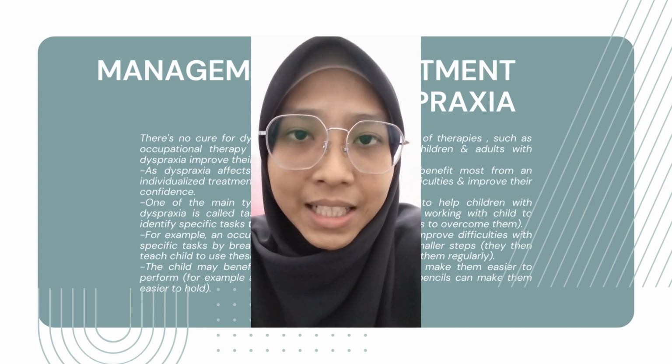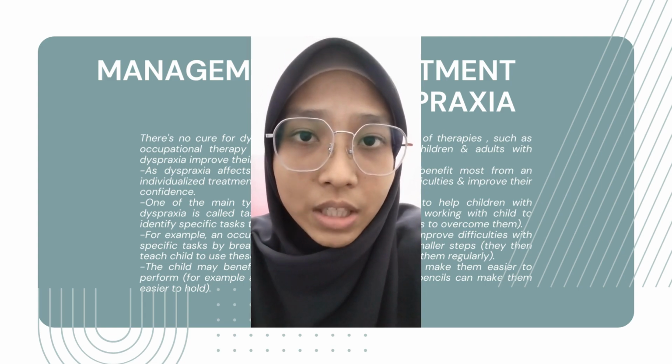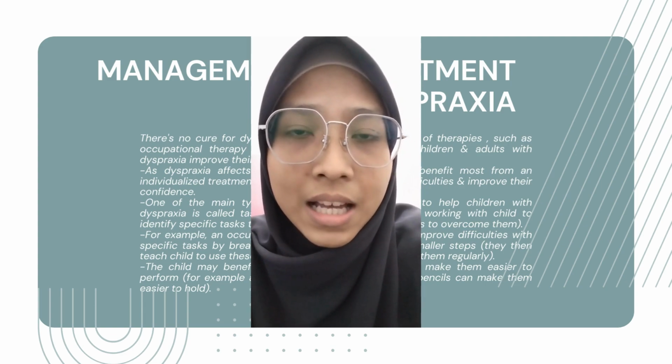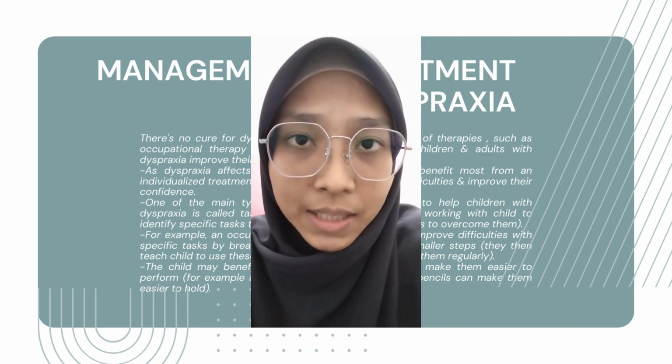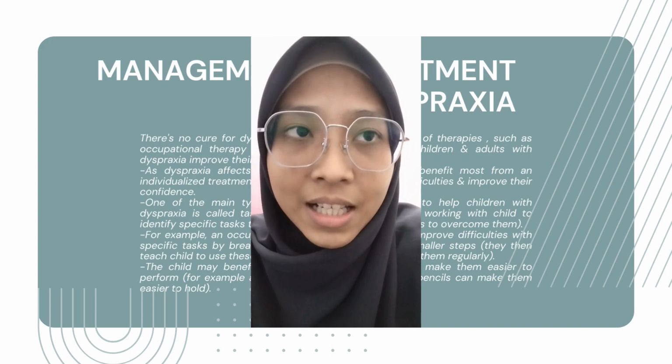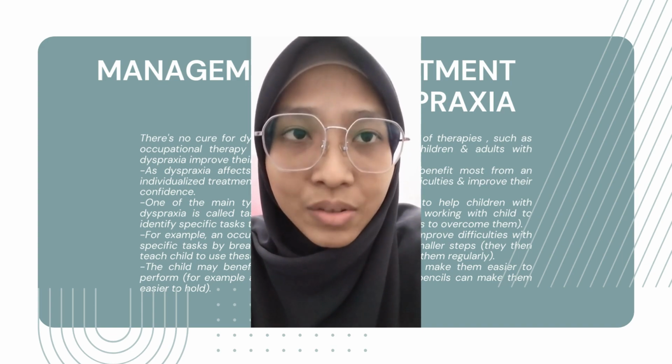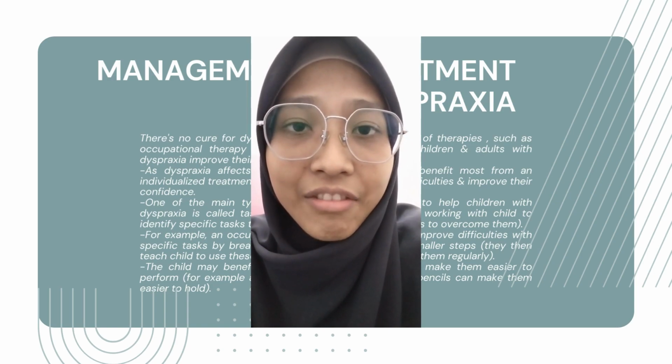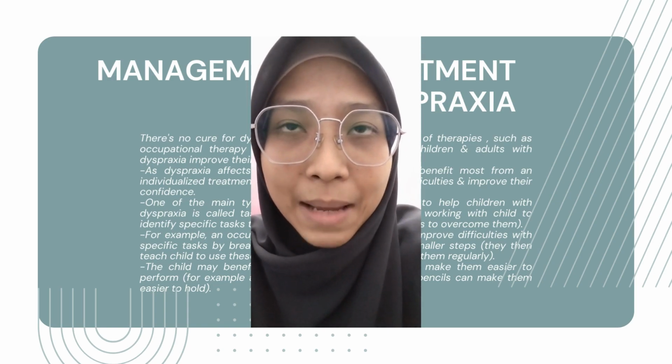One of the main types of therapies providers use to help children with dyspraxia is called task-oriented intervention. It involves working with your child to identify specific tasks that cause difficulties and finding ways to overcome them.